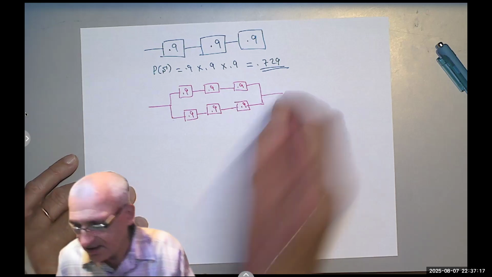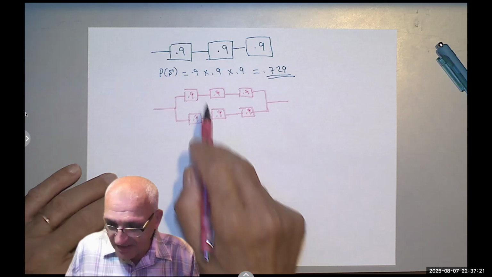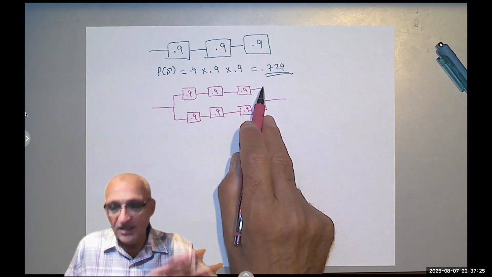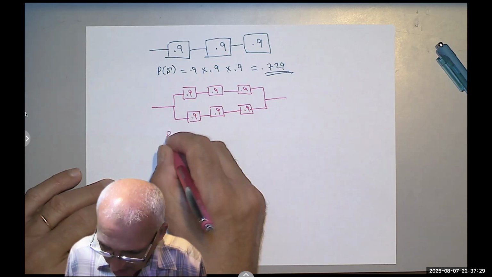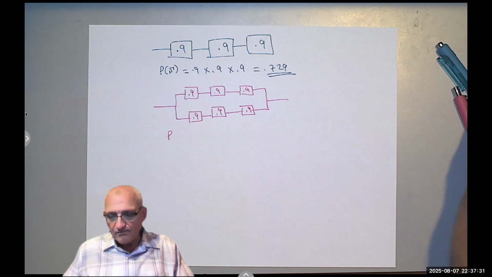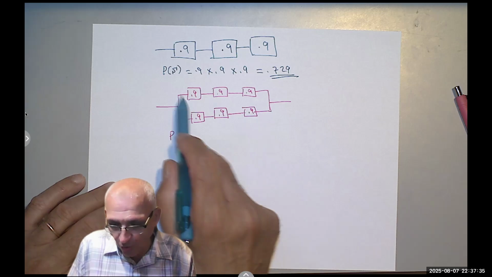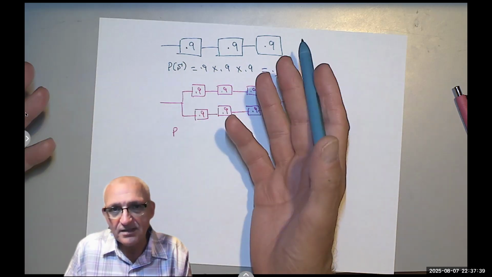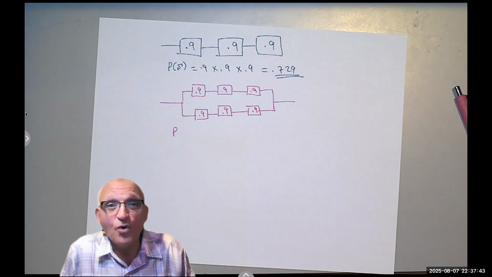You'll see why in a second. So now, as long as one branch works, you're fine. So this system, first of all, you can say either the top branch works or the bottom branch works or both work, right? What is that called? The or.